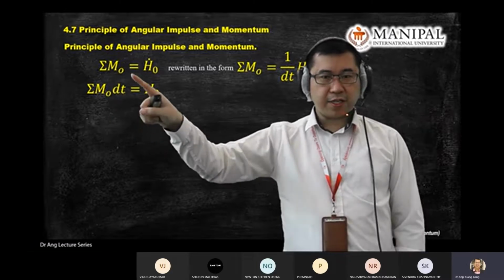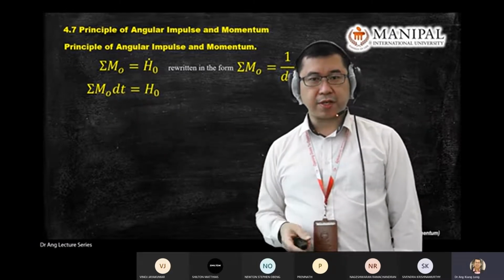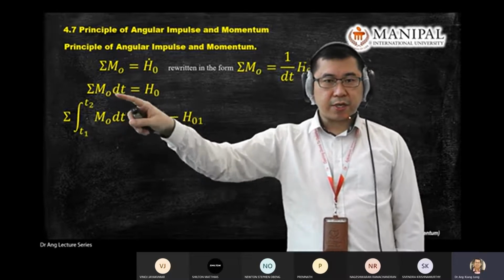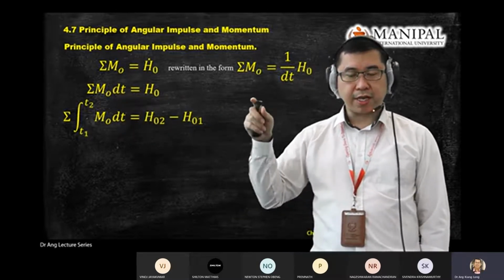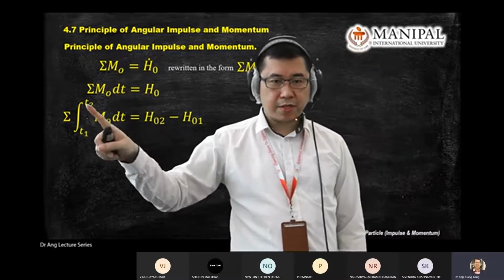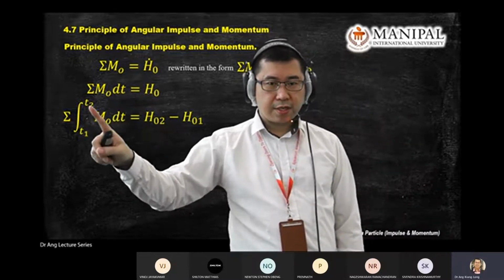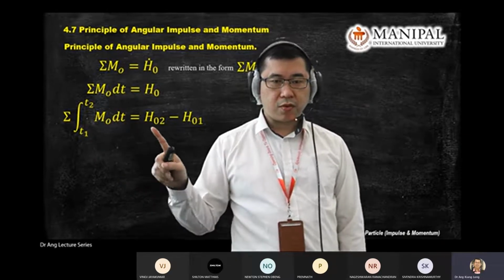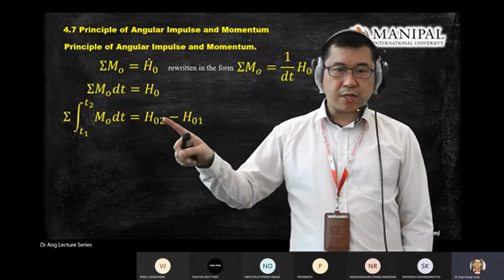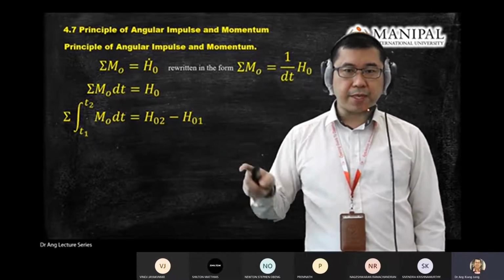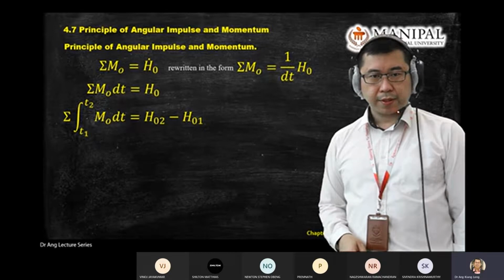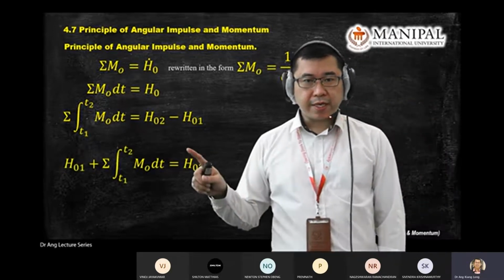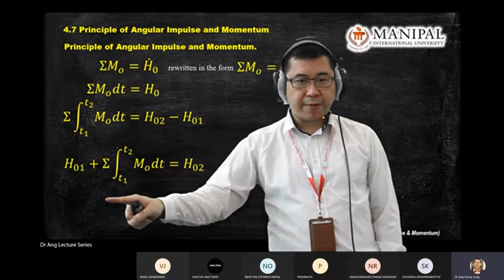And since you have dt, you know what you need to do, integration. So when you see dt, the equation is not balanced. You need to stabilize the equation. You use integration. So integrate the moment over time 1 to 2 equal to the change of your angular momentum. Okay, and you move into the form that we're familiar with.